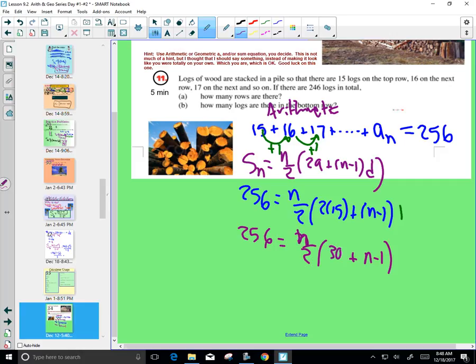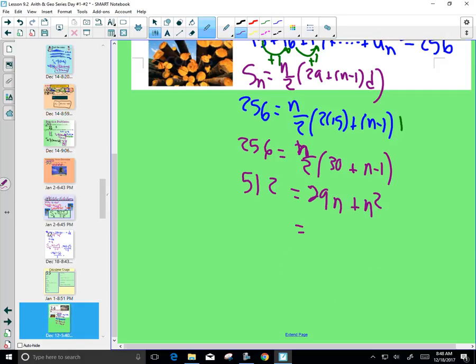I'm going to multiply both sides by 2 and get 512 equals 30 minus 1 is 29n plus n squared. Uh-oh. What does that remind you of? Quadratic. Jacob goes, oh no, not quadratic. Yep, and so then you just want to factor that.